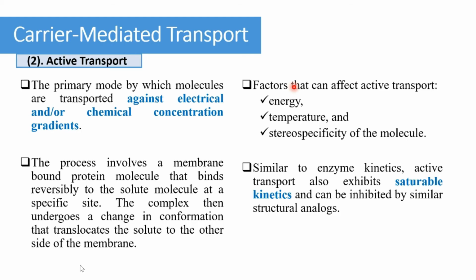Here are factors that can affect active transport. It needs energy, and it is influenced by temperature and the stereospecificity of the molecule. Similar to enzyme kinetics, active transport also exhibits saturable kinetics and can be inhibited by similar structural analogs. So it can have a competitive relationship with other similar structural analogs or other drugs.